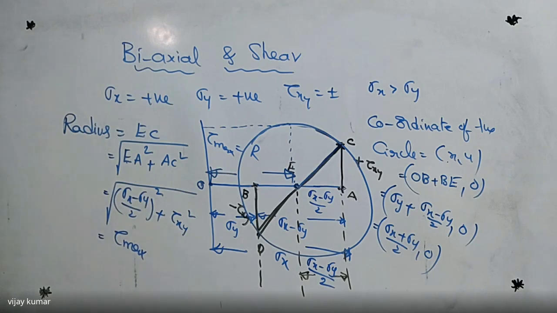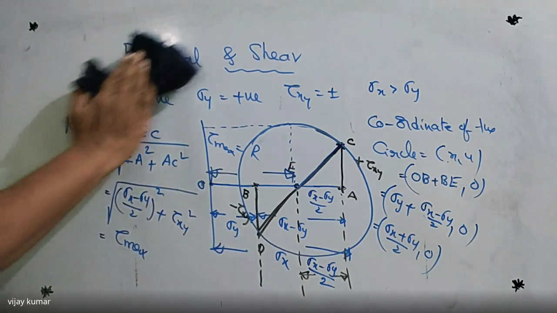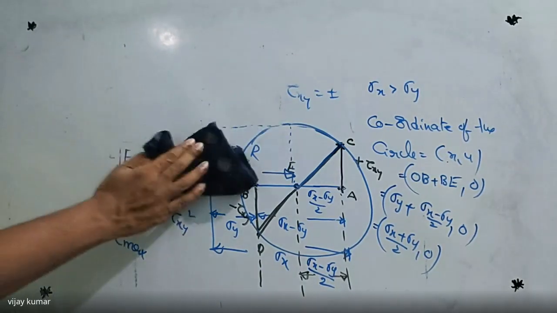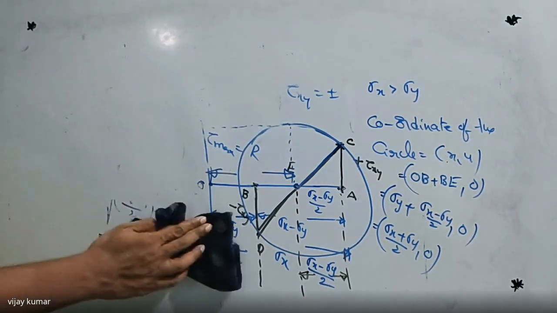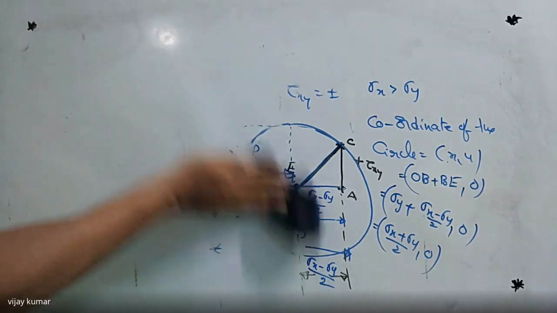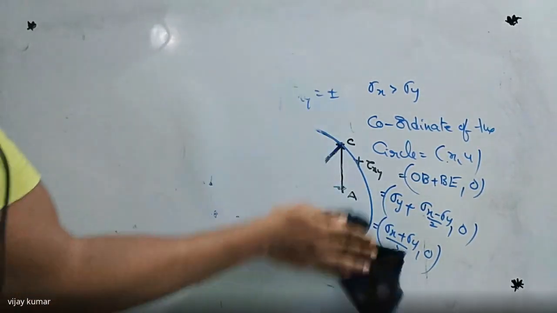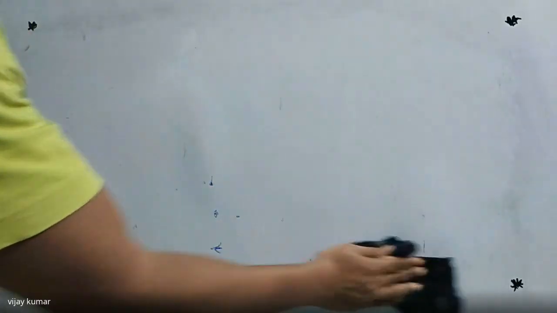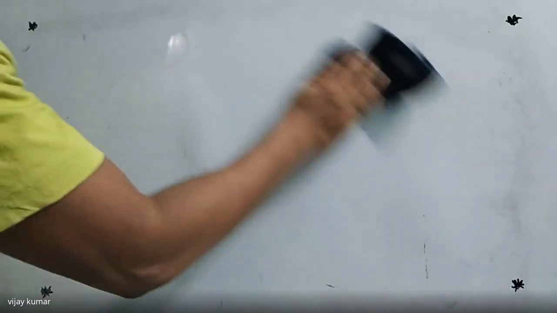I'll give simple problems for 1 mark, which are given in the examination. After that, I will give a small introduction about the principal strains. In the next class, I'll give the total explanation about the principal strains, how to calculate the strain values. After finding the strain values, we can calculate the stress values.